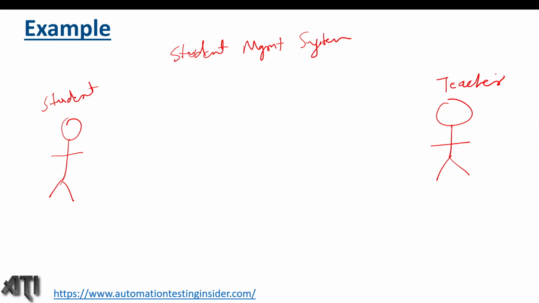Now what are the different use cases in this student management system? The first use case we can represent using an oval: check attendance. Check attendance is one use case.